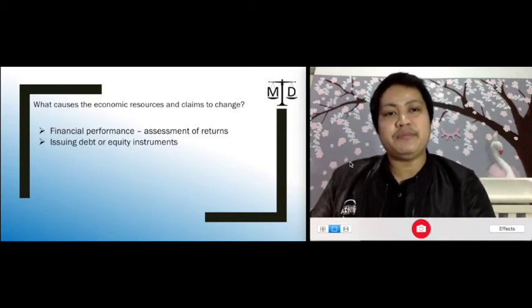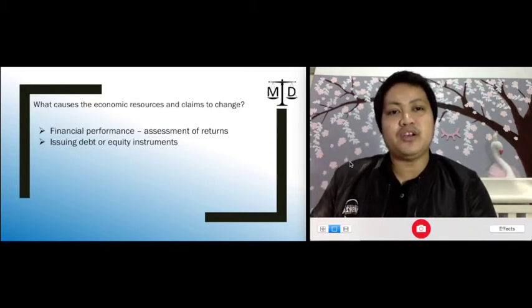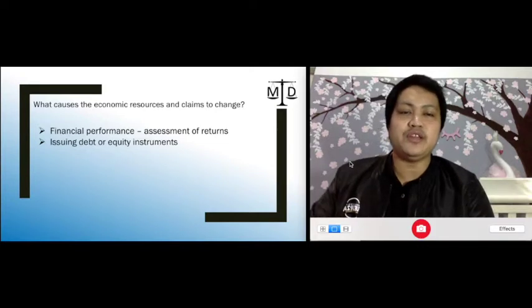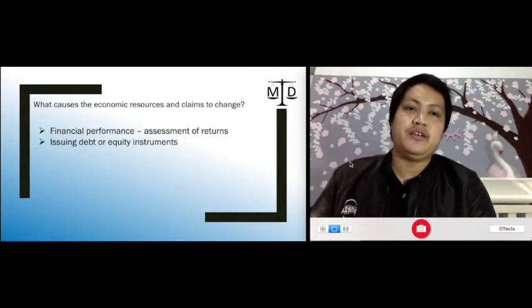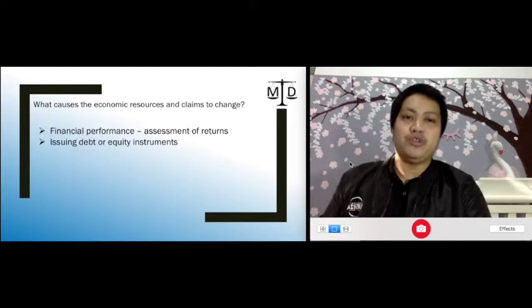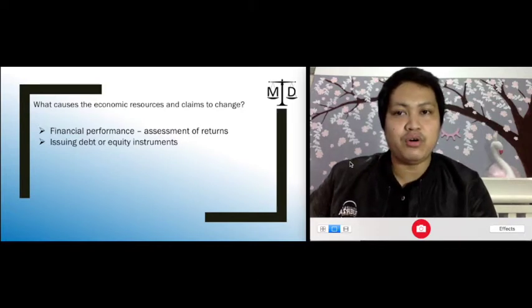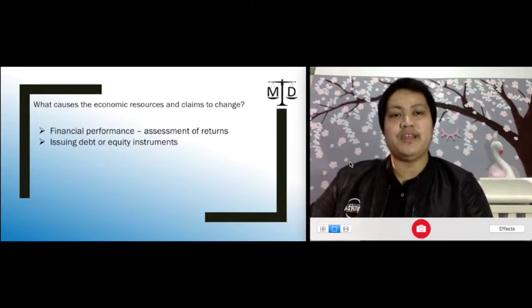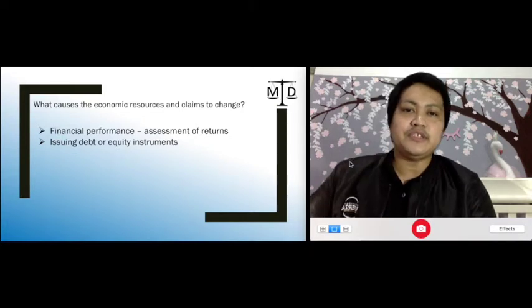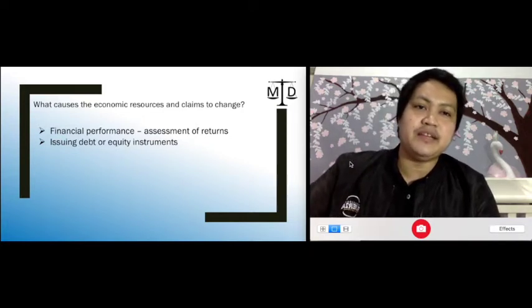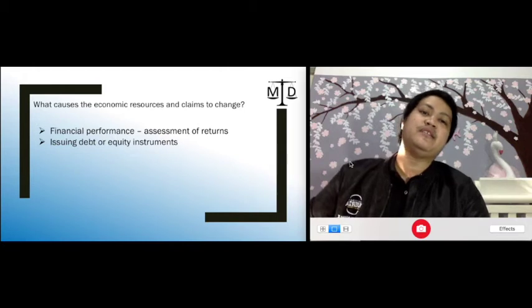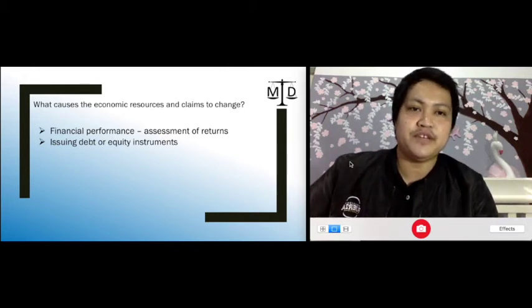An entity's economic resources may increase simply because additional capital was infused into the company. What if the entity borrowed additional funds? Then definitely there will be more resources at the disposal of the entity. And just because the liabilities or the claims against the entity decrease doesn't mean that it is a result of past financial performance.